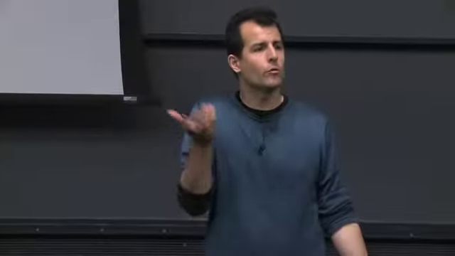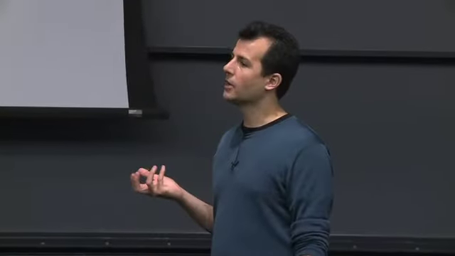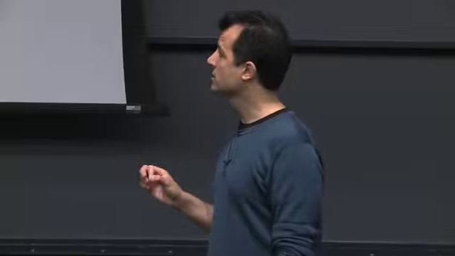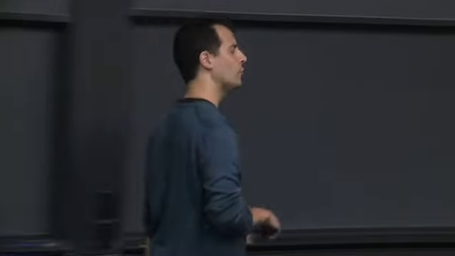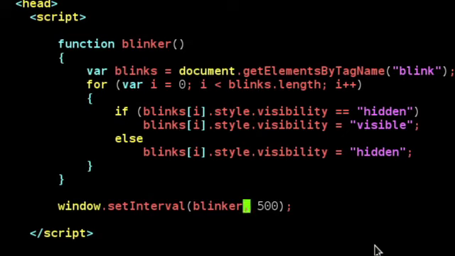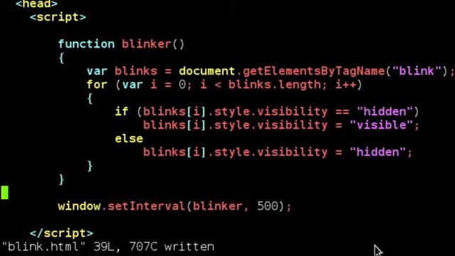It's not returning a function, so nothing's actually going to happen on subsequent passes. So this is actually incorrect. By contrast, if I just say blinker without the parentheses, that means pass in a function pointer, so to speak. Pass in a reference to this function, because what the window.setInterval timer will do is add the parentheses effectively itself to call that function every few seconds.